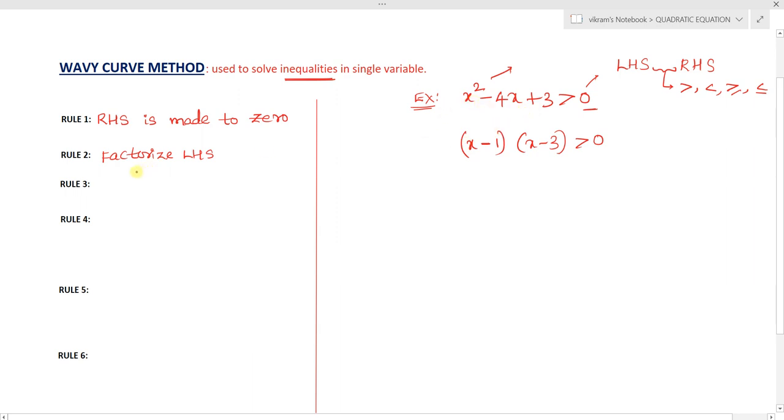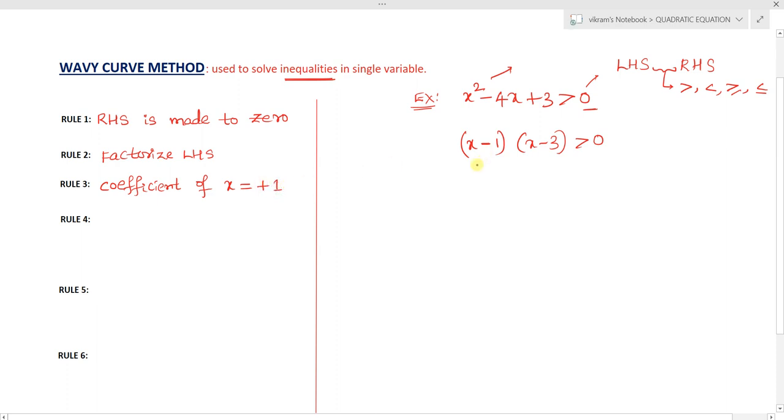After factorizing the given inequality, next we need to check that the coefficient of x in every factor is plus 1.